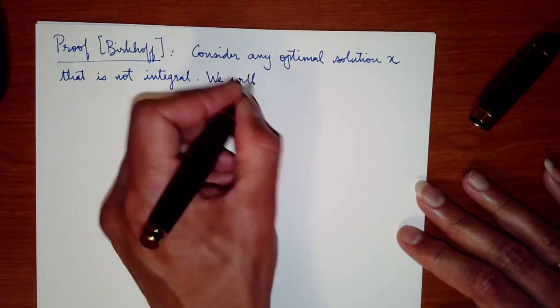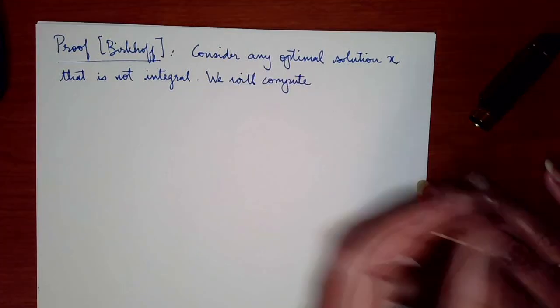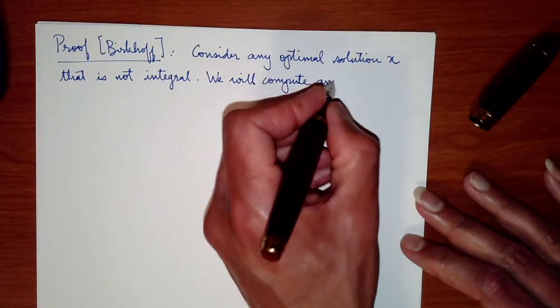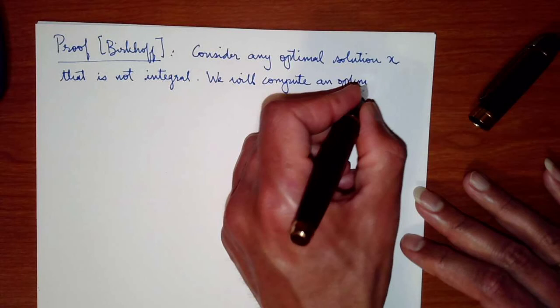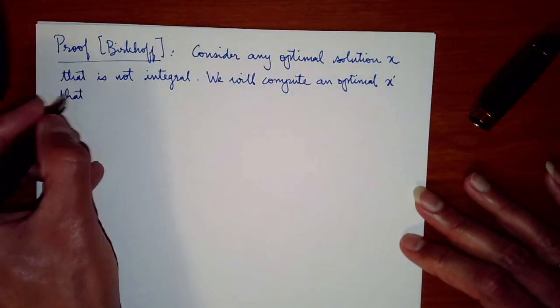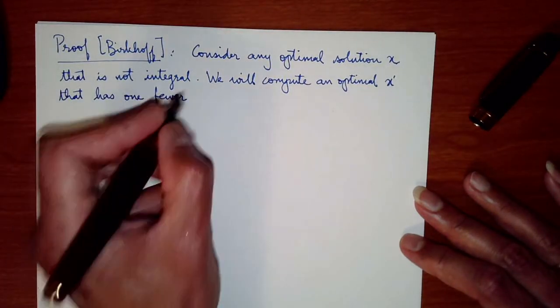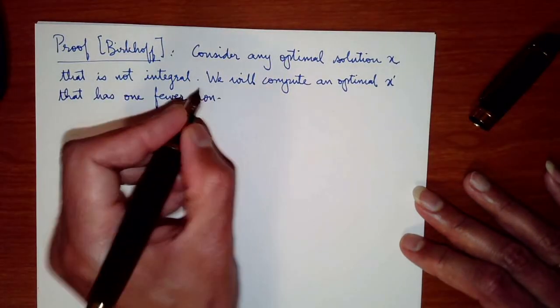We will compute an optimal x prime that has one fewer non-integer coordinate.